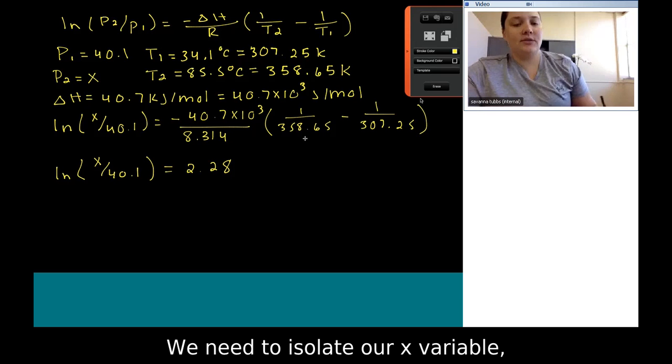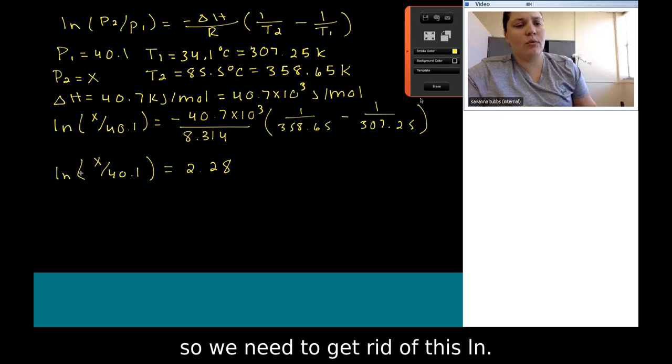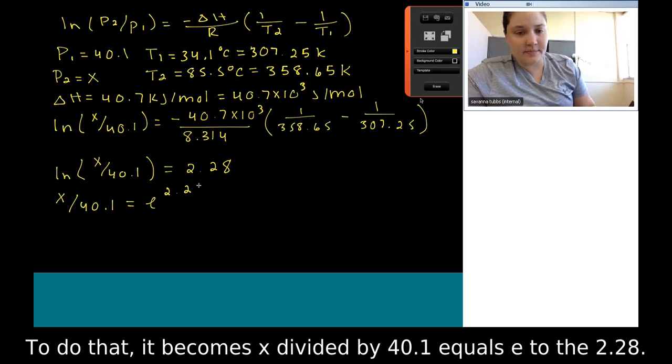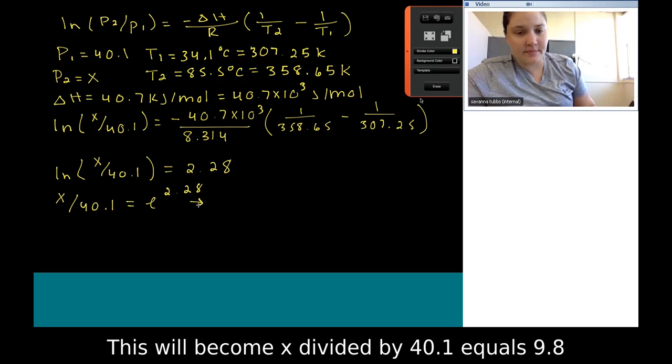We now need to isolate our X variable. So we need to get rid of this ln. To do that, it becomes X divided by 40.1 equals e to the 2.28. This will become X divided by 40.1 equals 9.8.